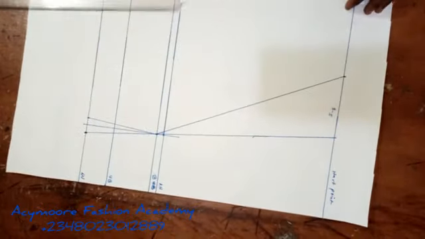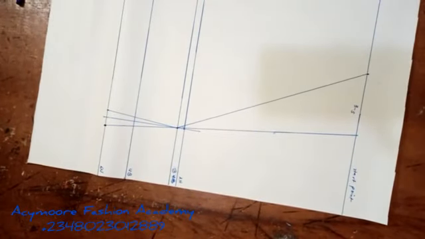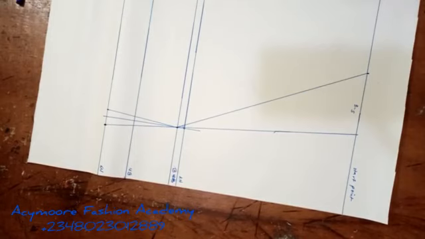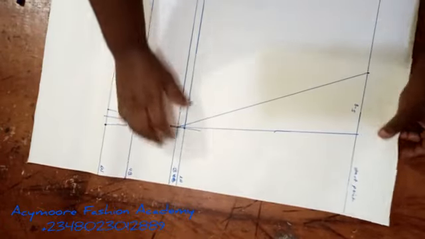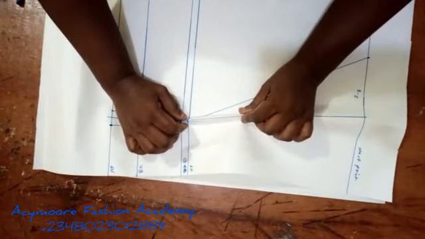Once that is done, I'm going to start to fold, and I'll need my paper tape. Just watch. Okay, so I'll come this way. I'll start from here, and then I begin to fold.